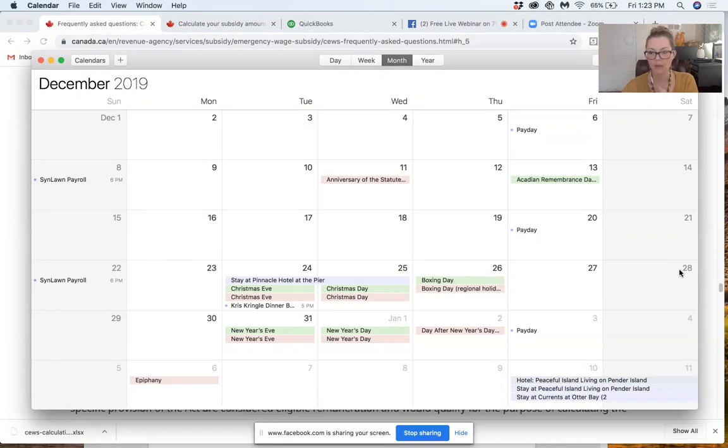So my payroll cutoff is December 28th, but the day that I actually get paid is January 3rd. But the cutoff there is the pay day. So the wages that I received on January 3rd are not 2019 wages, they're 2020. And on my T4, that amount I got paid on January 3rd would show up as 2020 income, not 2019.